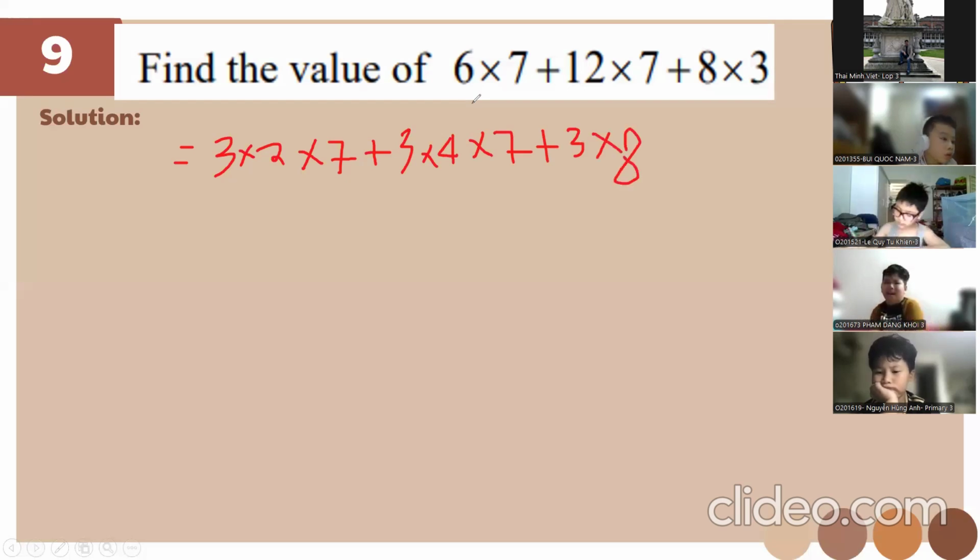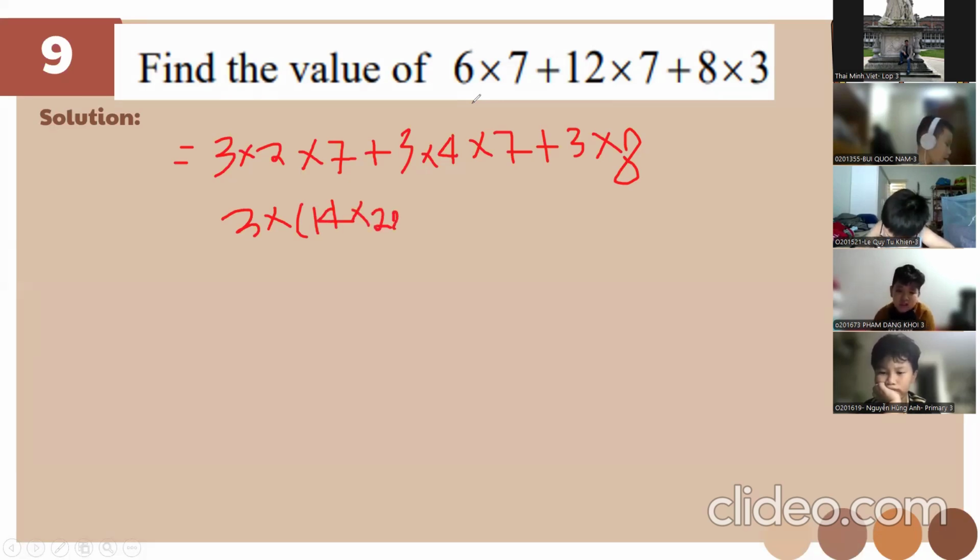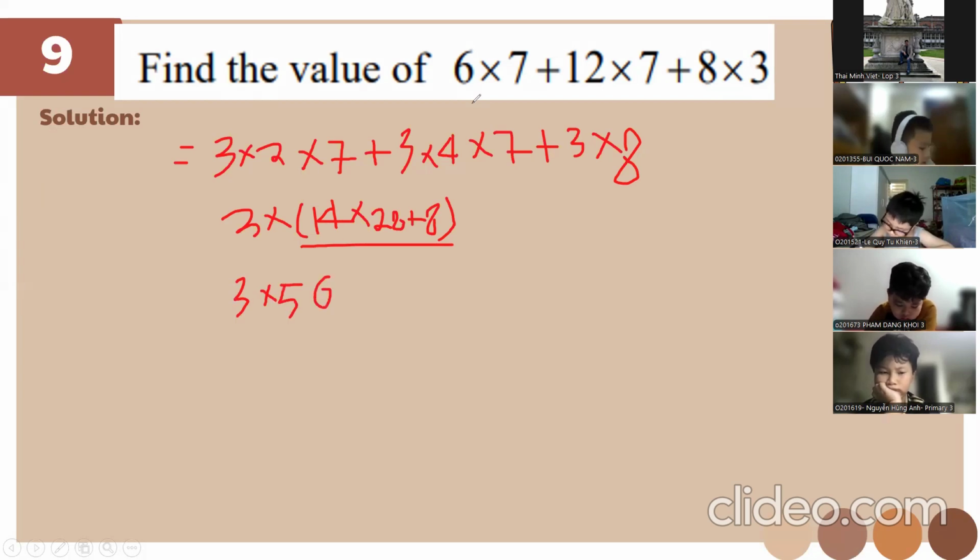So this is going to become 3 times 14, which is 28, plus 8. If we add this, it becomes 50. Then 3 times 50 is 150. That is the shortcut method.